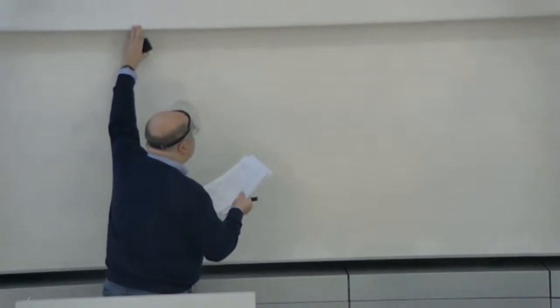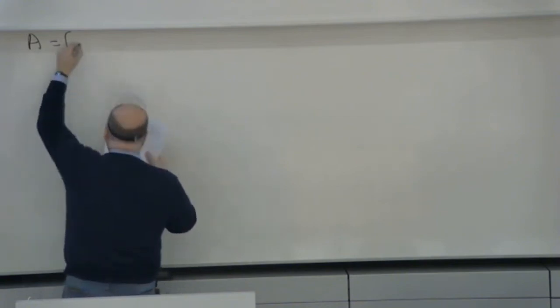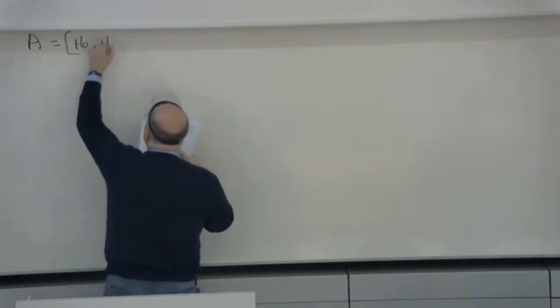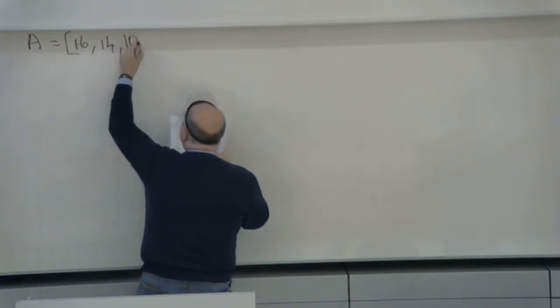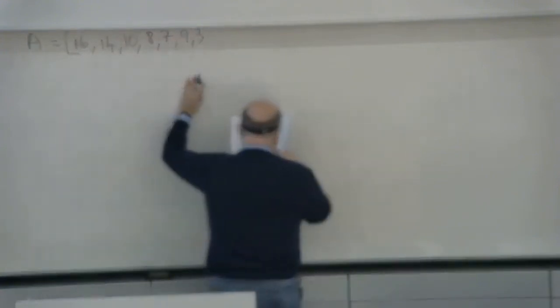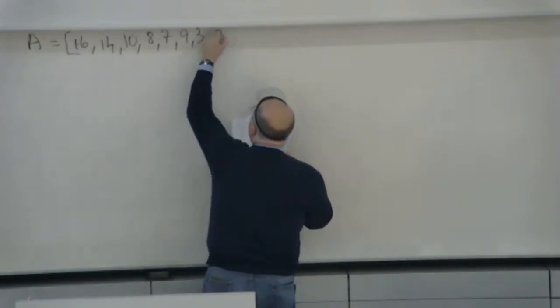So what we are considering is an example of a binary tree, where we have an array A, which I'm taking from the book: 16, 14, 10, 8, 7, 9, 3, 2, 4, 1.